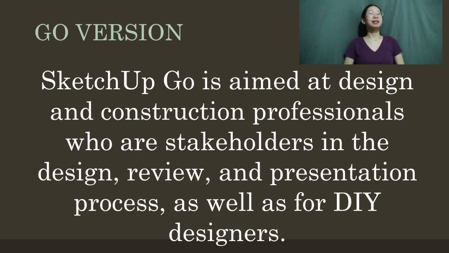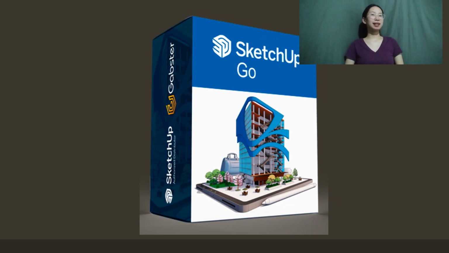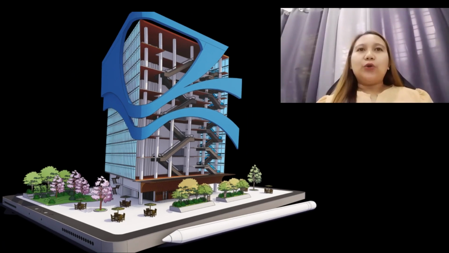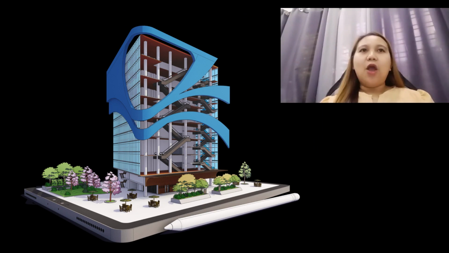Go version. SketchUp Go is aimed at design and construction professionals who are stakeholders in the design, review, and presentation process, as well as for DIY designers. Go, formerly known as Shop, is a SketchUp offering that includes the following: web and mobile modelers, SketchUp for web, and SketchUp for iPad, Trimble Connect Business, a cloud collaboration tool for viewing, sharing, and accessing project information from anywhere, and access to SketchUp Model Library, 3D Warehouse.